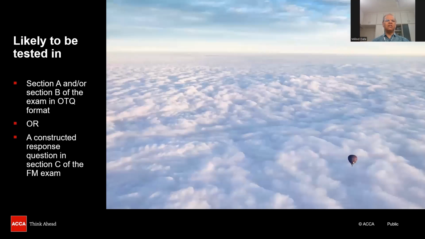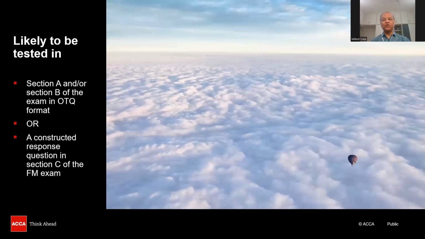So how is this topic likely to be tested? As you're aware, the AFM examination is split into 3 sections, wherein sections A and B are devoted differently though, but to the objective type question setting, and section C of the examination deals with the constructed response questions.